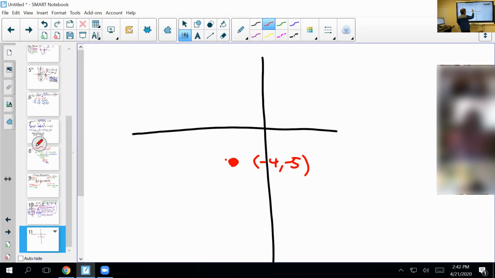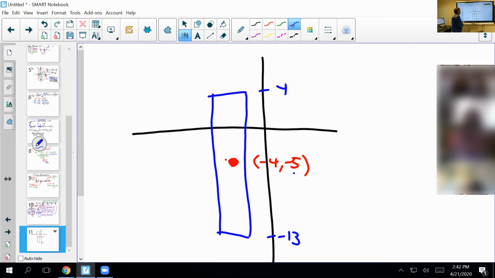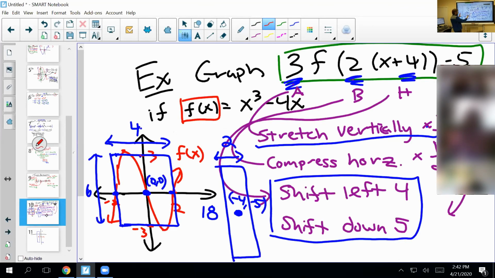I'm going to go way down. From -5, going down 9 would put me at -13, and going up 9 would put me at 4. So it's going to look something like this. Once I have my box and my center point, the idea is I'm going to sketch the same shape, but with this new box.